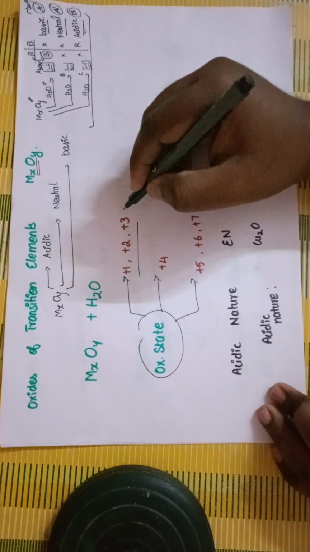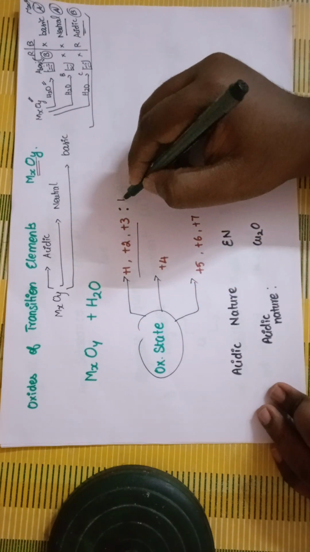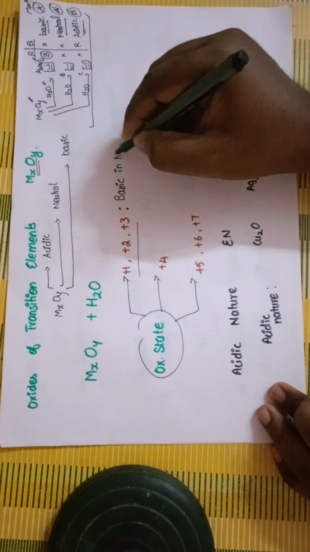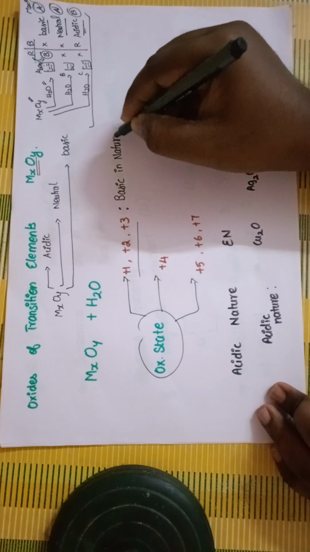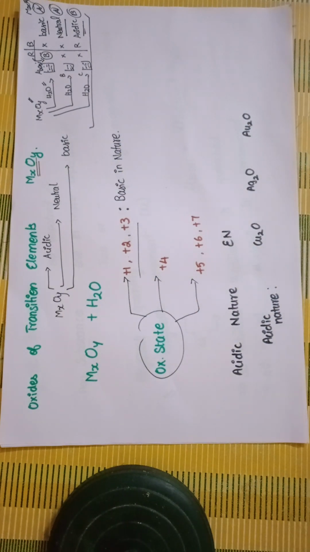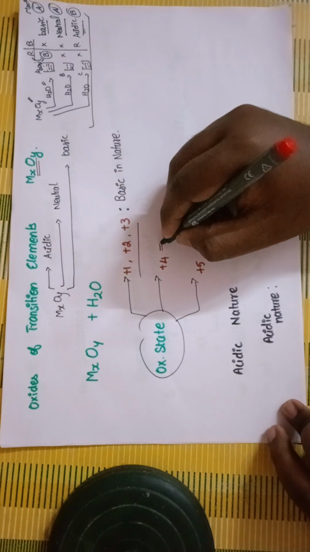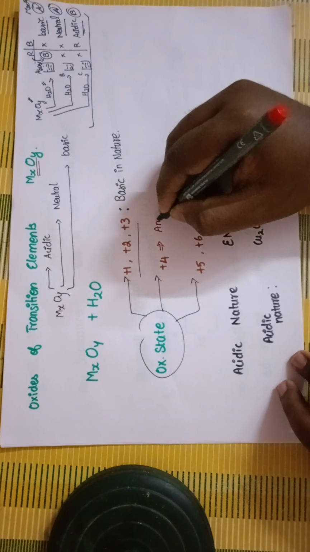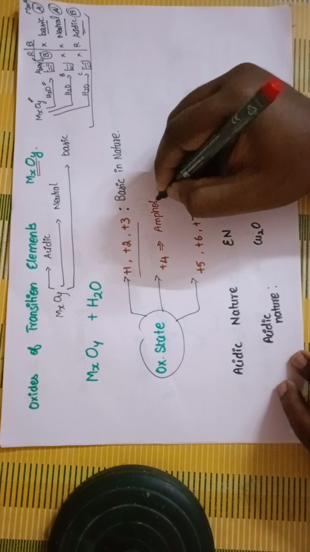Whenever a metal exhibits a lower oxidation state, its metal oxides are basic in nature. If a metal exhibits +4 oxidation state, the metal oxide is amphoteric. Neutral is otherwise known as amphoteric.